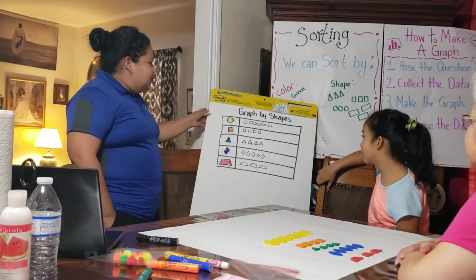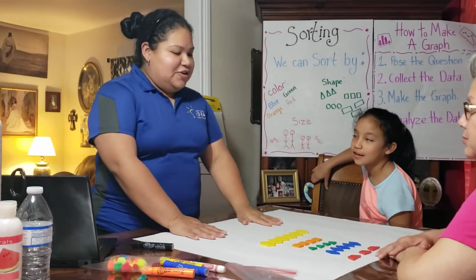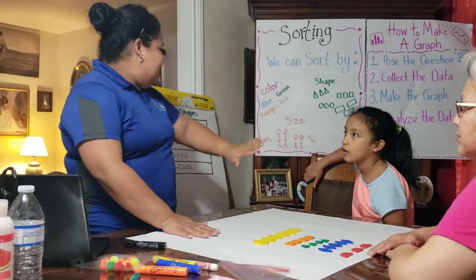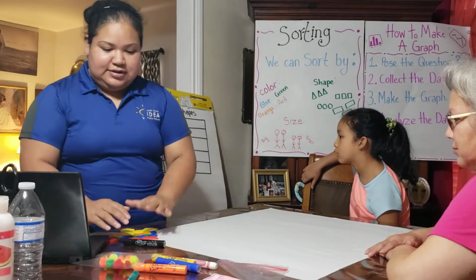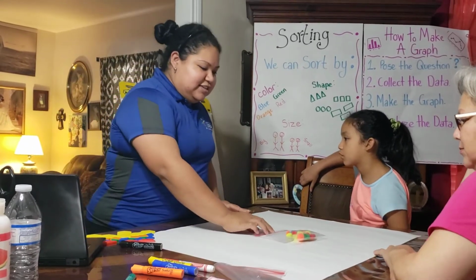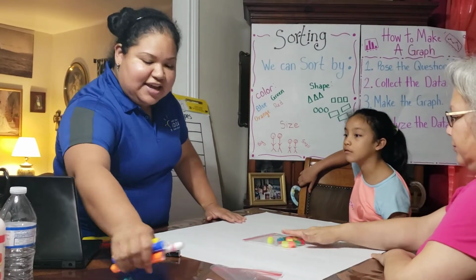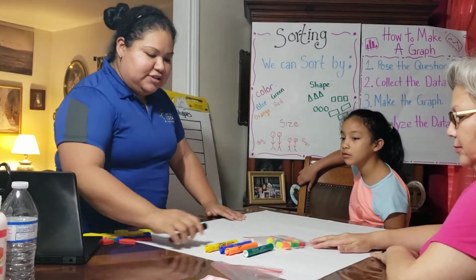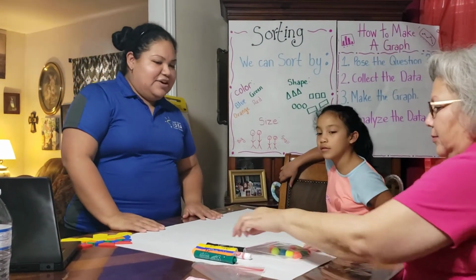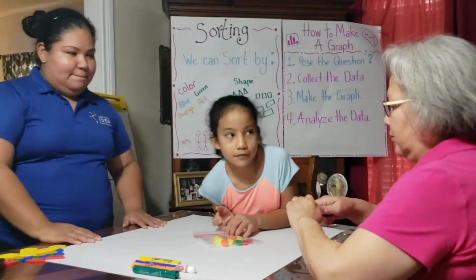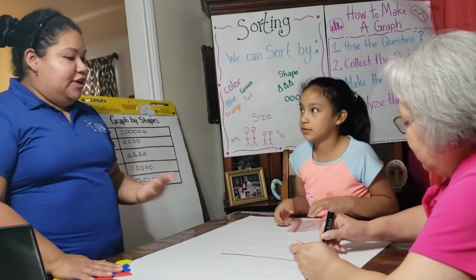So now that we've learned how to sort and put your data on a graph, I want you to use these little circles and do the same thing. This time you're going to use your markers and the black marker to do your graph. Go. Remember, we're working as a team and there should only be one graph.